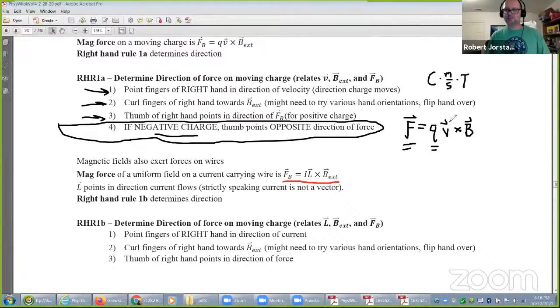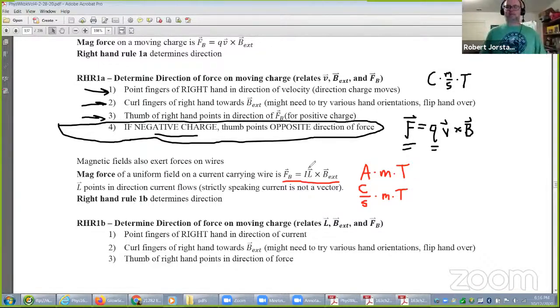That's a charge times a velocity times a B field. All right. Now look at this red equation down here. Look at the units. It's an amp times a meter times a Tesla. But don't worry, an amp is a coulomb per second.